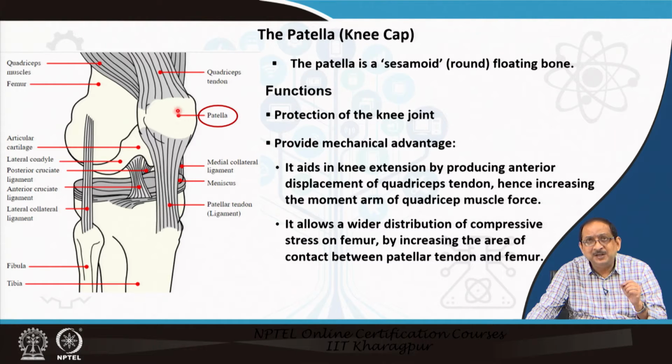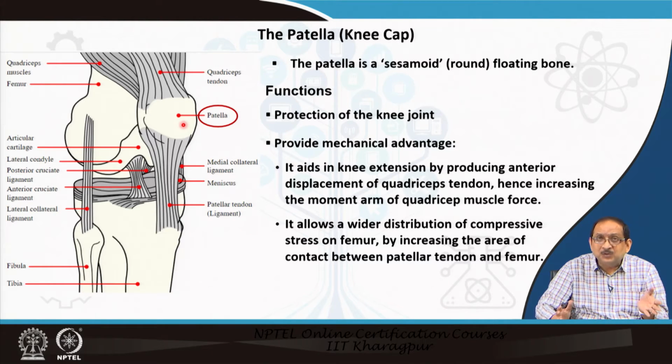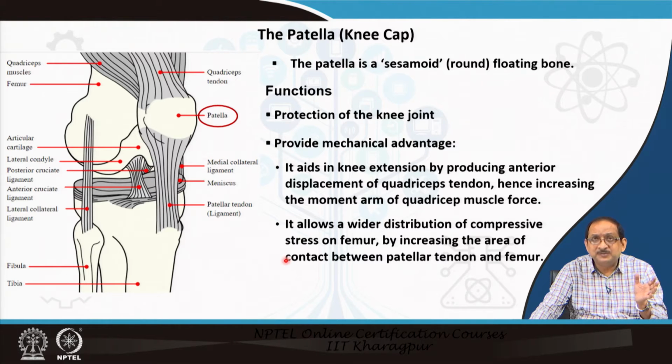So, anteriorly the quadricep tendon is displaced, hence increasing the moment arm of the quadricep muscle force. It also allows wider distribution of the compressive stress on the femur by increasing the area of contact between the patellar tendon and the femur.